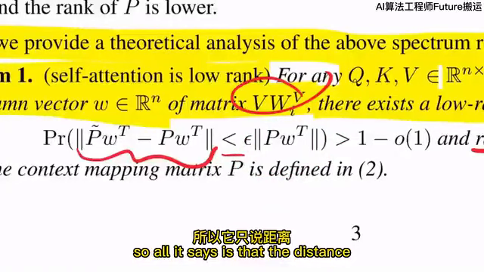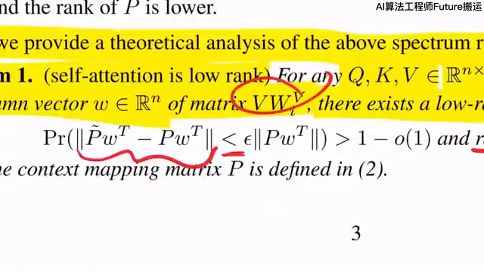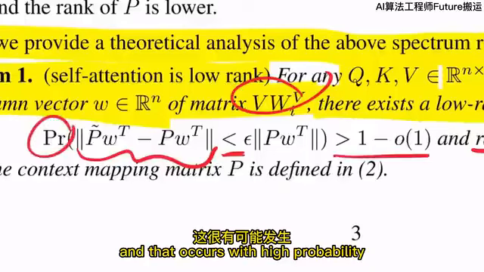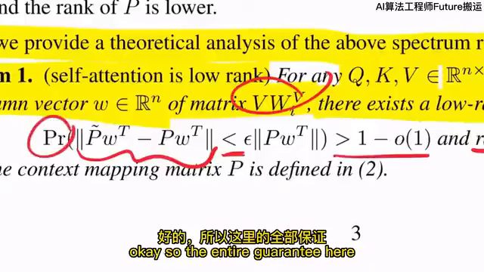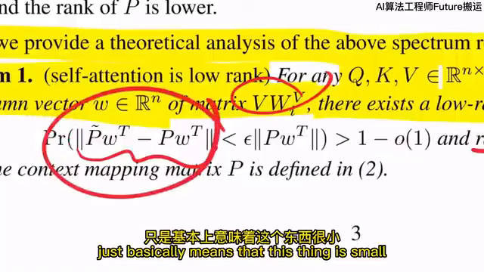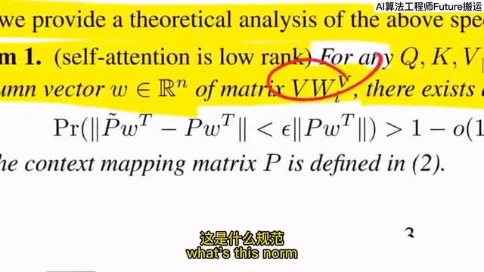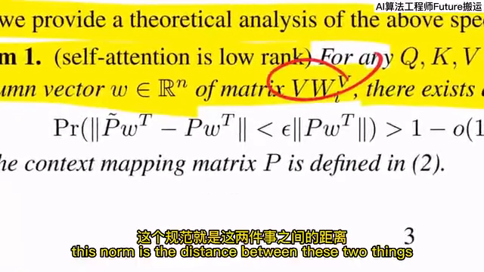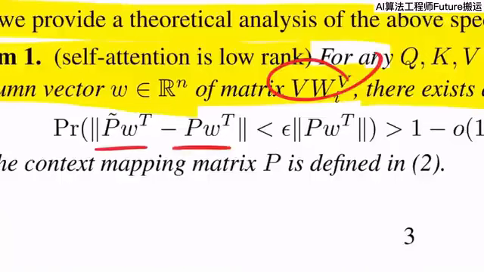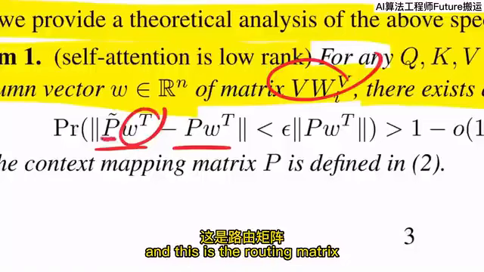So all it says is that the distance on the left is smaller than something, and that occurs with high probability. So the entire formula just basically means that this norm is small. What's this norm? This norm is the distance between these two things. Now, what are these two things? This is the information that we want to route, and this is the routing matrix.